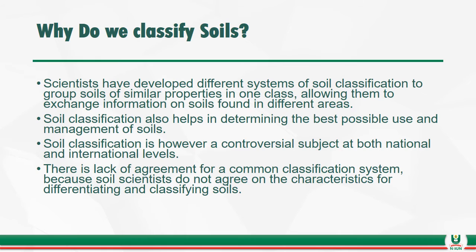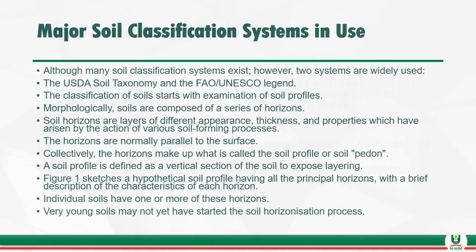However, it is a controversial subject at both national and international level, because there is lack of agreement on a common classification system, as soil scientists do not agree on the characteristics for differentiating and classifying.